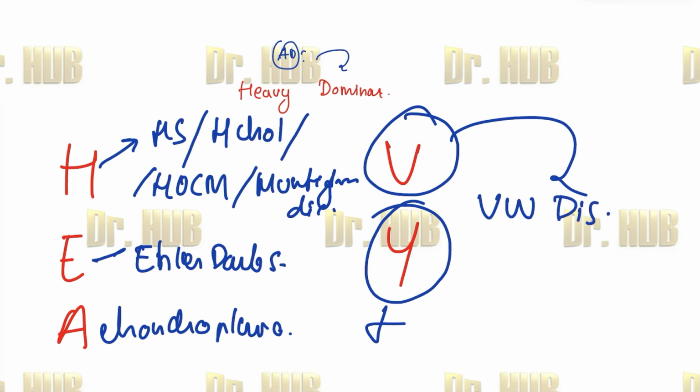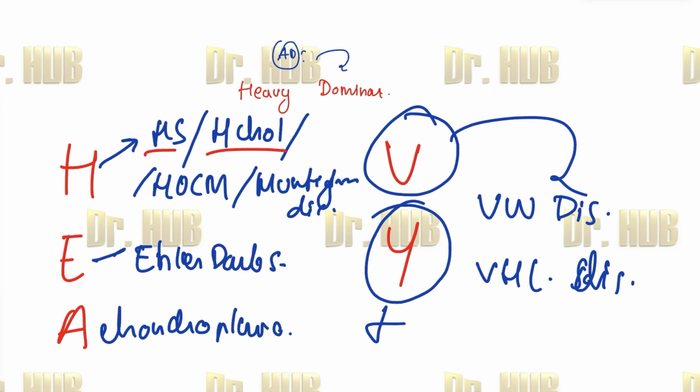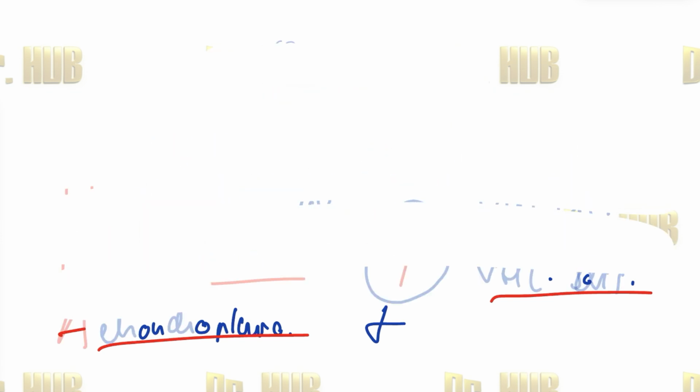Just to recap, H for hereditary spherocytosis, hypercholesterolemia, HOCM, Huntington's disease, E for Ehlers-Danlos syndrome, A for achondroplasia, and VW disease and VHL disease. So this was about the AD, that is autosomal dominant.